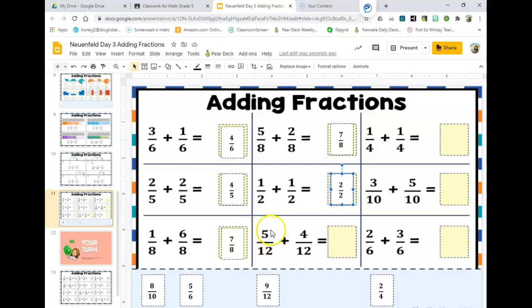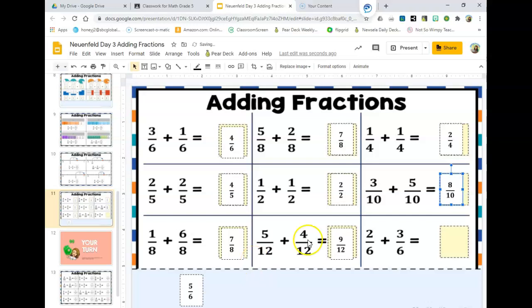All right, let's add the numerators. 5 plus 4 equals 9, and the denominator stays 12. 1/4 plus 1/4, 1 plus 1 equals 2, and the denominator stays the same. 3/10 plus 5/10, 3 plus 5 equals 8, and the denominator stays the same. I only have one answer left, but I'm going to double check. 2 plus 3 equals 5, and I leave the denominator the same.